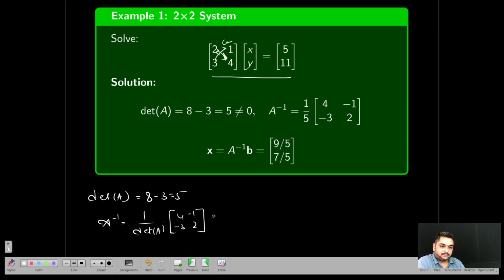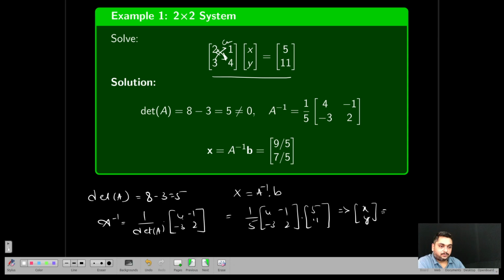So this is A inverse. So x equal to A inverse into B. So A inverse is 1 by 5 times 4, minus 1, minus 3, 2, into your B, 5, 11. If I multiply this, I will get x comma y is equal to 9 by 5 comma 7 by 5.